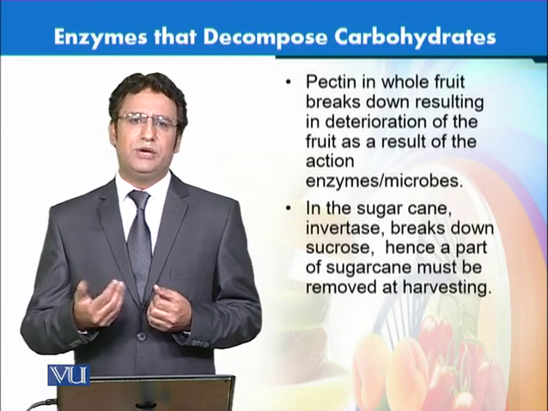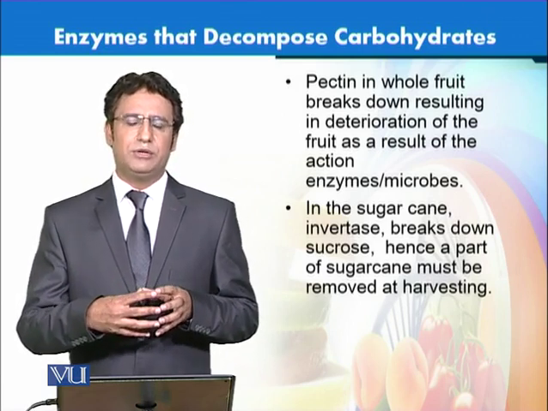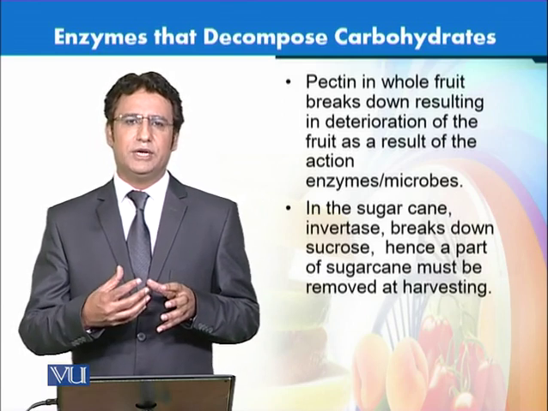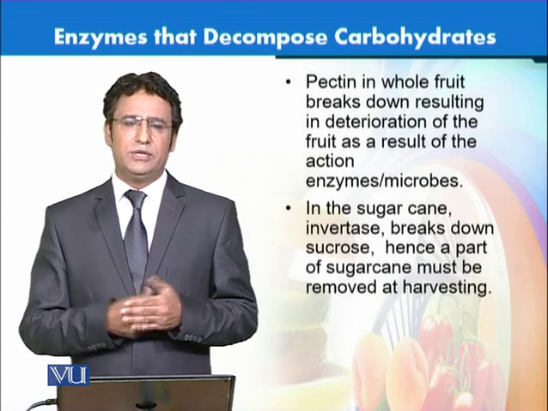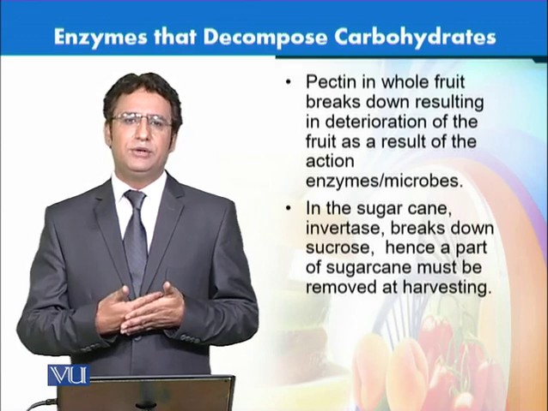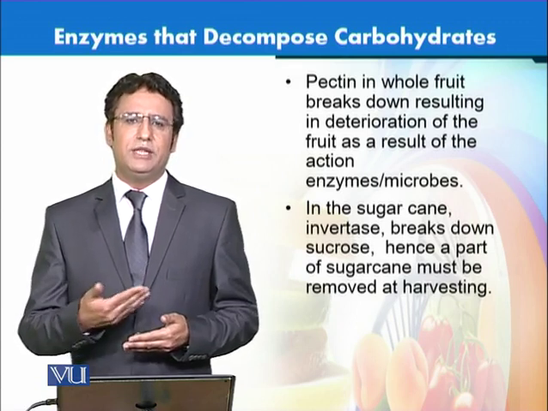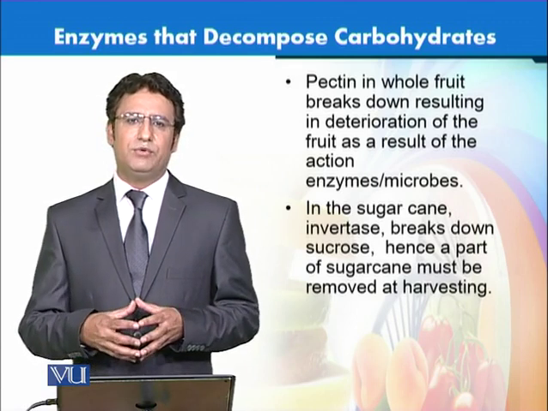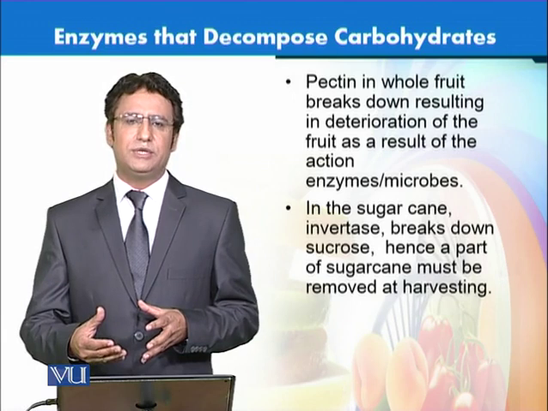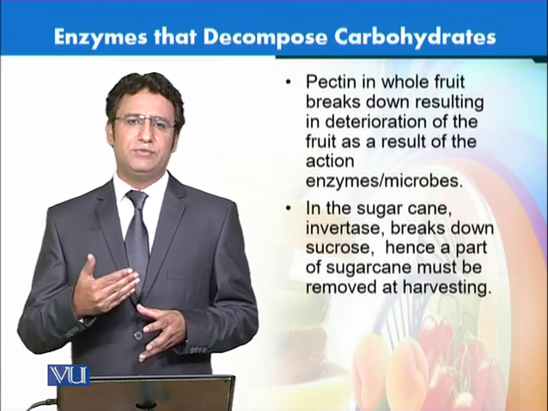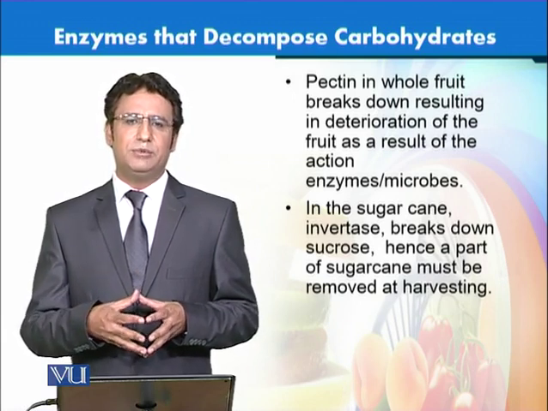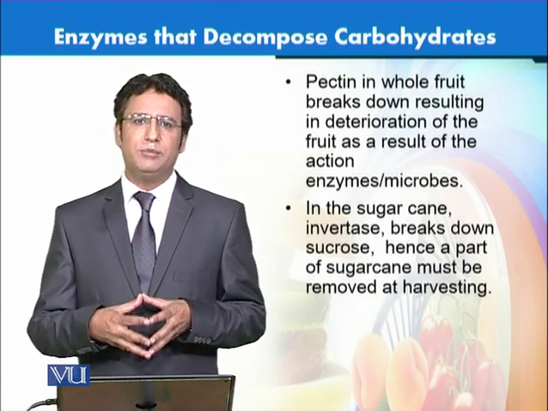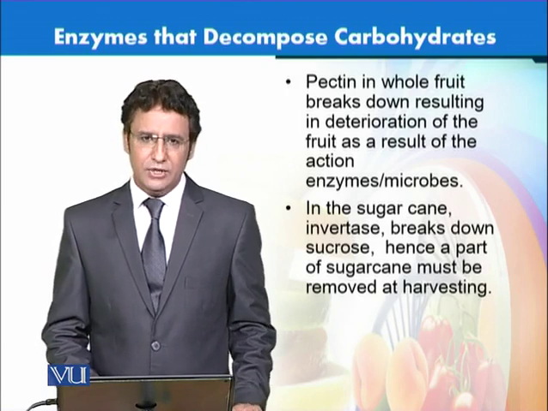These microbes have these enzymes to break down the pectic substances in order for the nutrients to be released so that they can be consumed by the microorganism. So whenever there is an injury to these fruits or vegetables, that leads to this kind of reaction later. It would facilitate the growth of microorganisms. It would also facilitate the action of enzymes that are initially present, and the enzyme and substrate come together to react and make these final products.